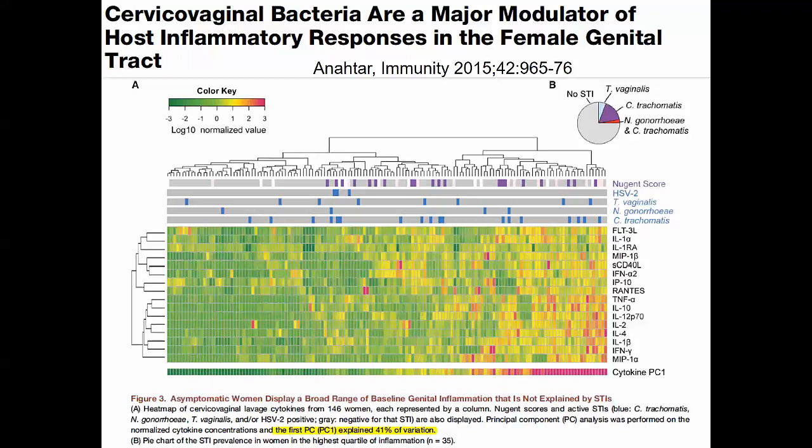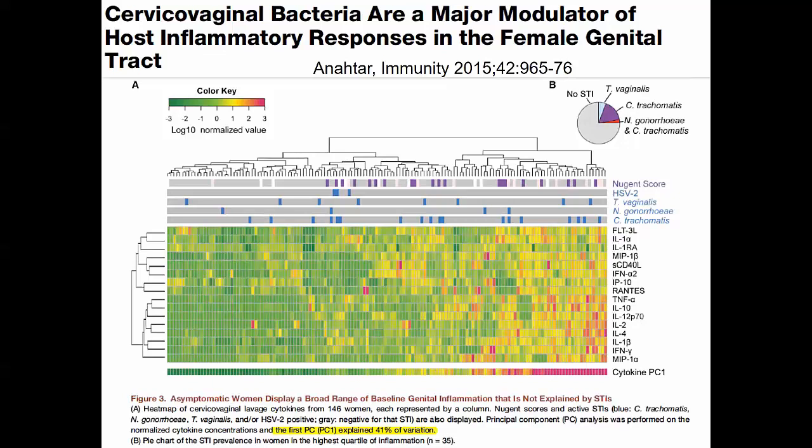This is a heat map that just shows you what happens as you go from that optimal vaginal flora down the left there, as we'd seen before, so the Nugent score being totally normal, and then as you go up here, you basically see this increase in these inflammatory markers, which we've already talked about. And the nice thing about the study is that they included women who had herpes, trich, gonorrhea, and chlamydia. A lot of these studies either don't really talk about that or they don't bother to look at it.